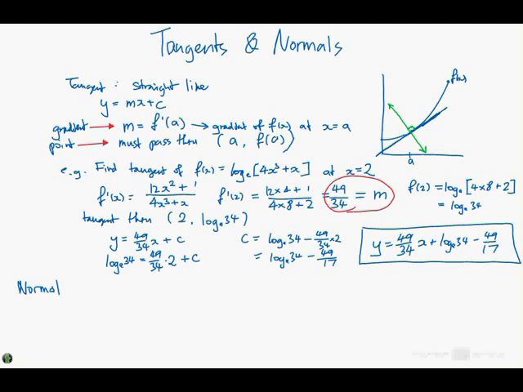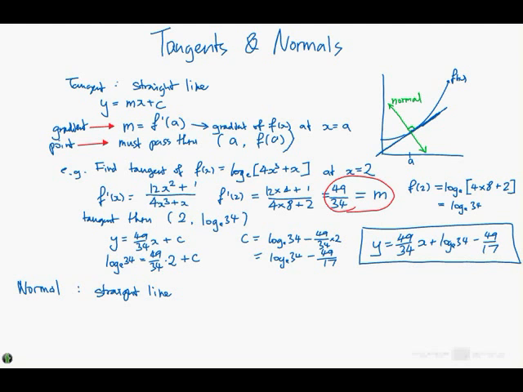So let's label this the normal, right? For the normal, again, you're finding a straight line. But here, instead of f dash of a as your gradient, what would your gradient be?